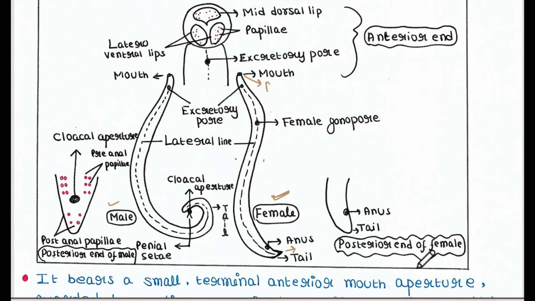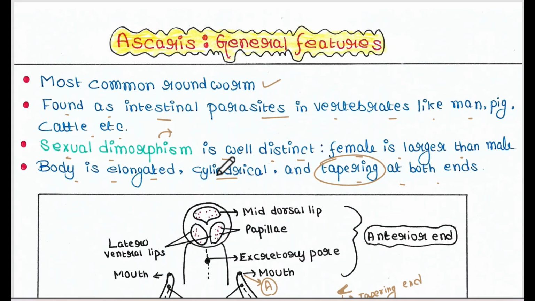So this is the anterior end and this is the posterior end, and the ends are narrower like this. This is called the tapering end. So both of them have tapering ends.